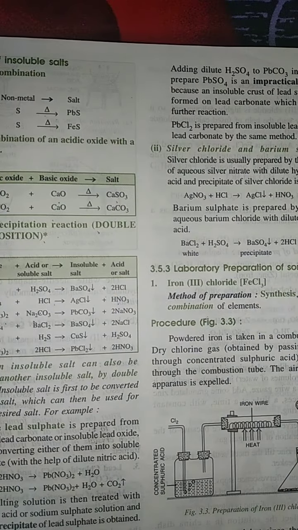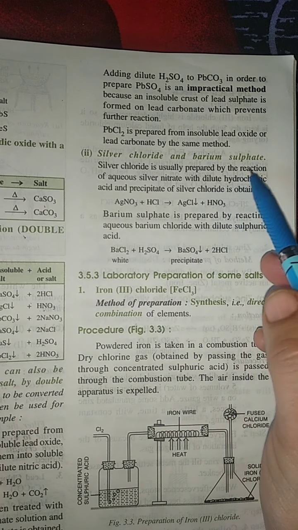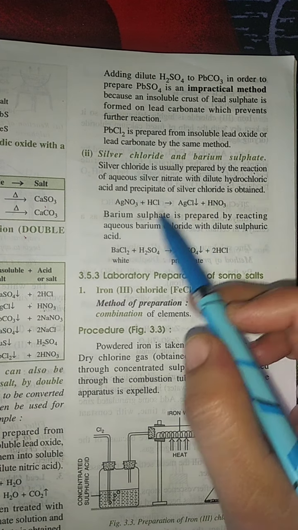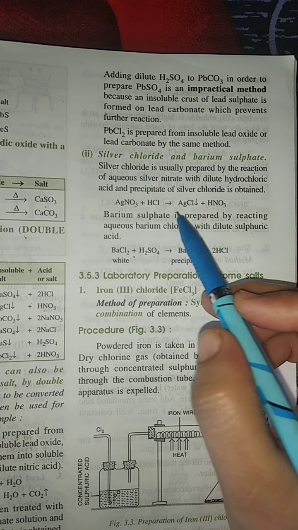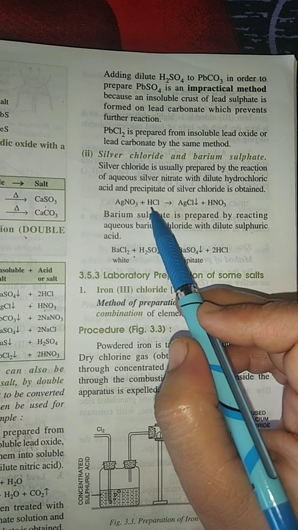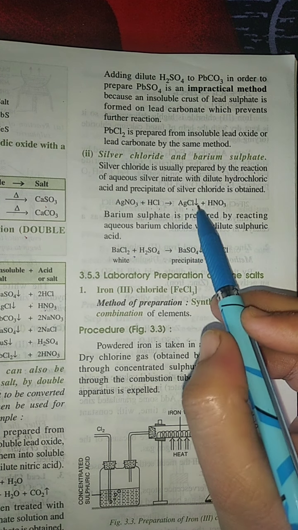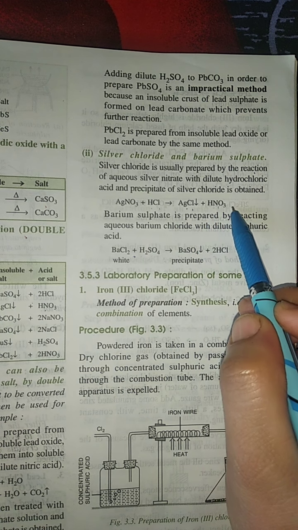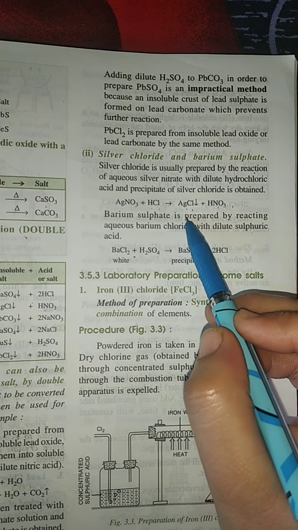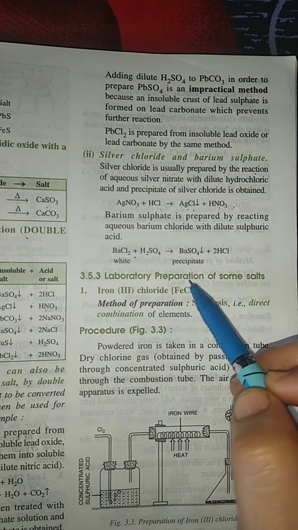Now come to the next, second type, preparation of silver chloride and barium sulfate. Same way, students, just now we have done by double decomposition reaction. When nitrate of silver is combined with hydrochloric acid, it forms white precipitate of AgCl plus HNO3, by the exchange of the radical.